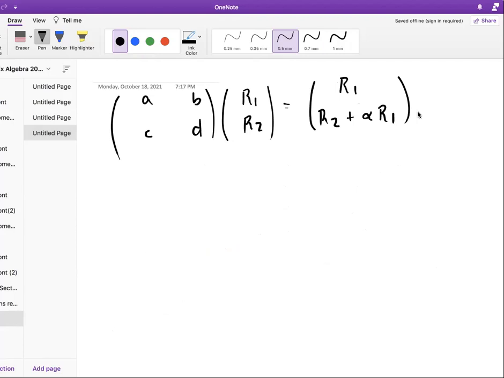It's a bit more involved here. So can someone try to figure it out? So maybe we can write out 1, yeah, like that. So there's 1, 0, and then alpha 1.